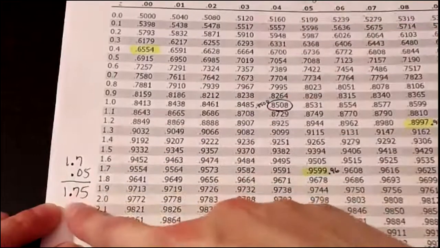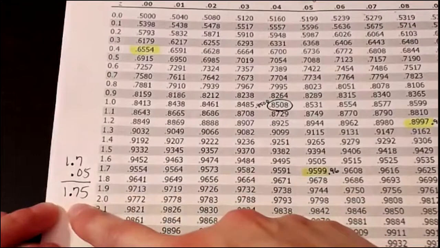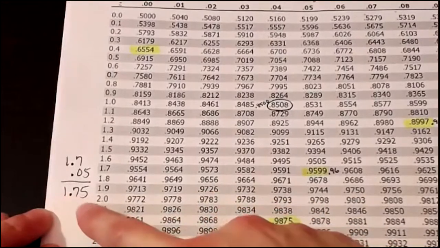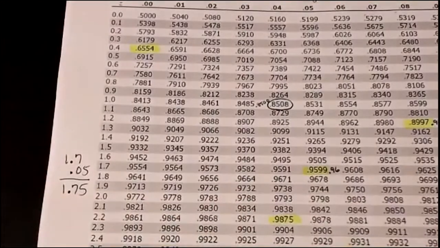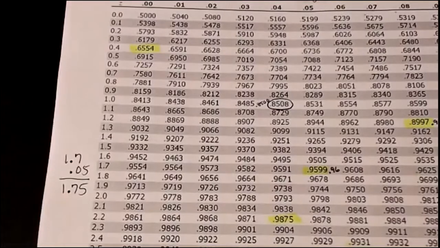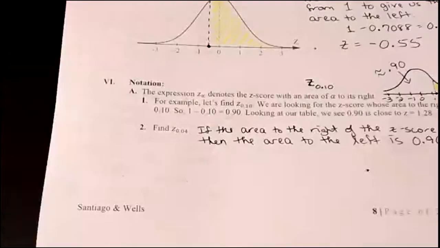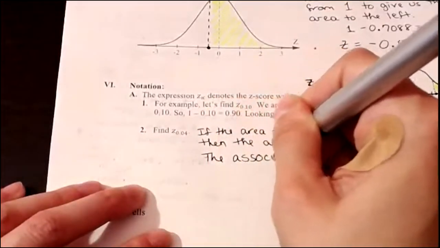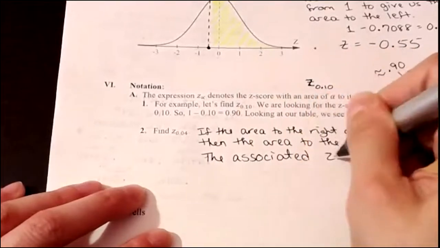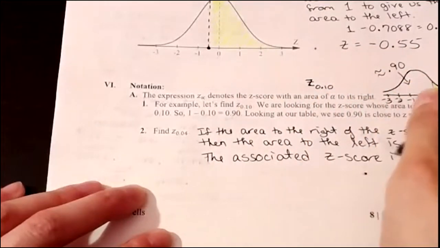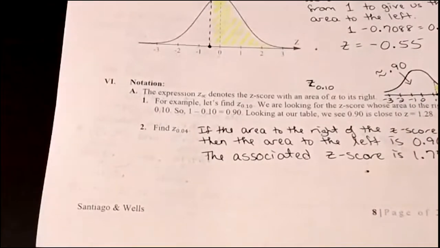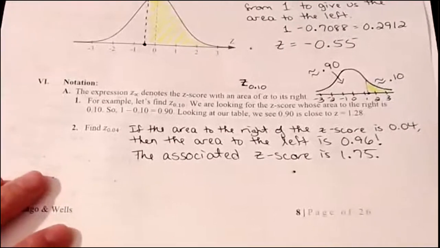You're not keeping the 0 in the answer, because when you combine those two, it gives you the ones, the tenths, the hundredths place, 1.75. Does that make more sense? Yes. Excellent, Nick. Thank you so much for that response in the chat as well. So our associated z-score is 1.75. And you're done. We found the associated z-score.